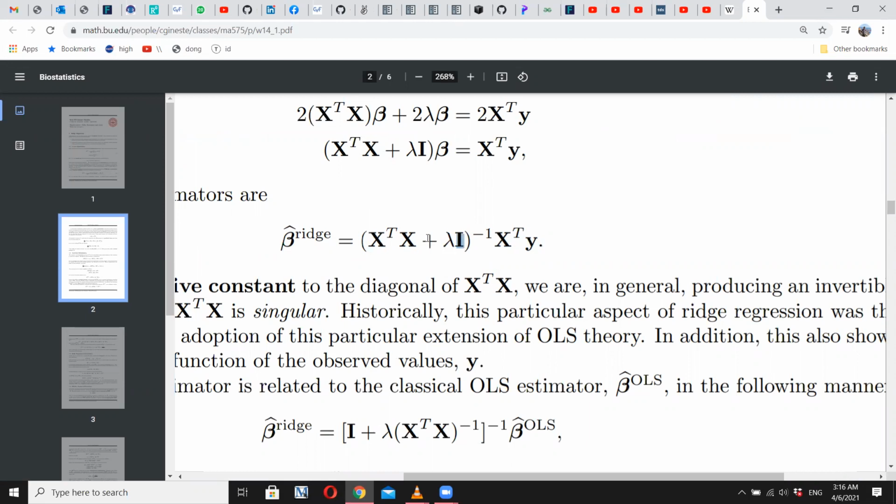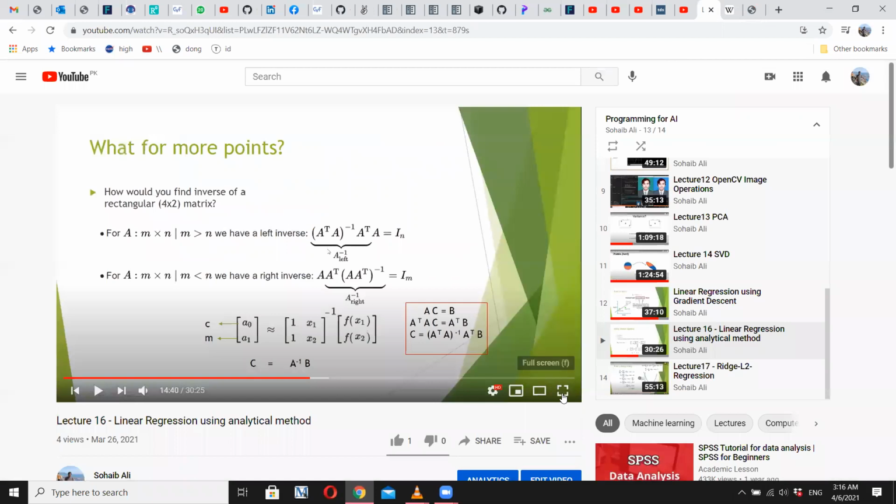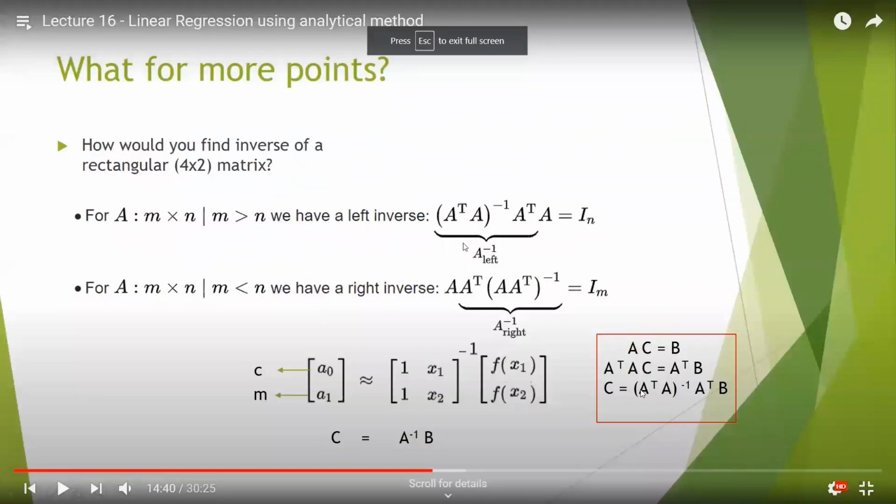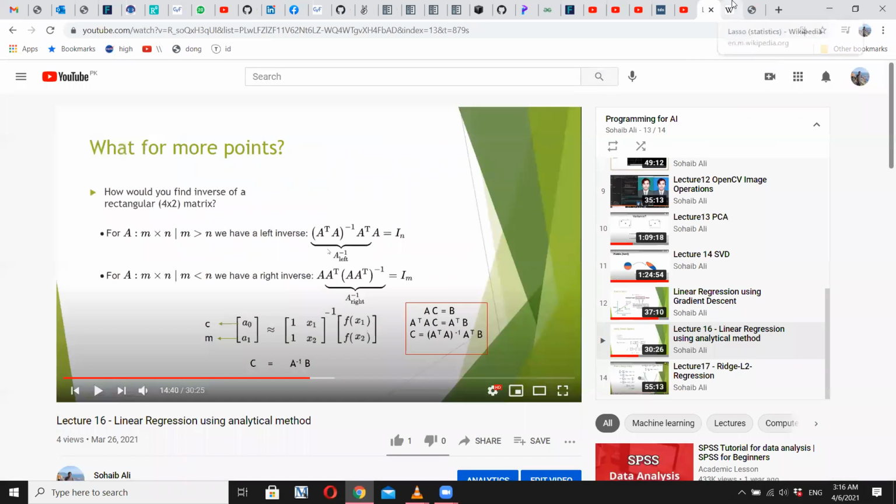Imagine that this factor goes to zero. For the time being, just forget this factor. So X transpose X whole inverse multiplied by X transpose Y is exactly equivalent to what we saw over here. Here we were talking about A and B, but let's say you have X instead of A, and Y instead of B. So X transpose X whole inverse multiplied by X transpose Y is the closed form solution of linear regression.